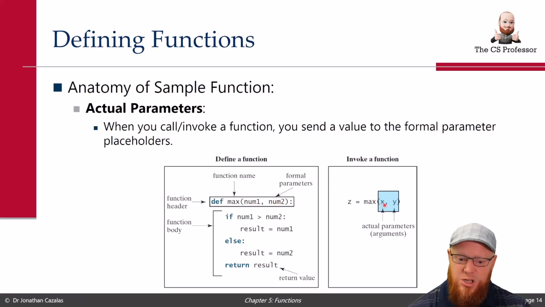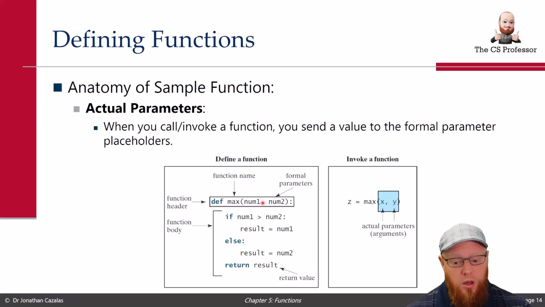So where are the actual values? They're here inside your main area of the program, max, parenthesis, 8, 5. Those are the actual values, or instead of calling them actual values, I'll say actual parameters. These are the actual parameters, 8 and 5.